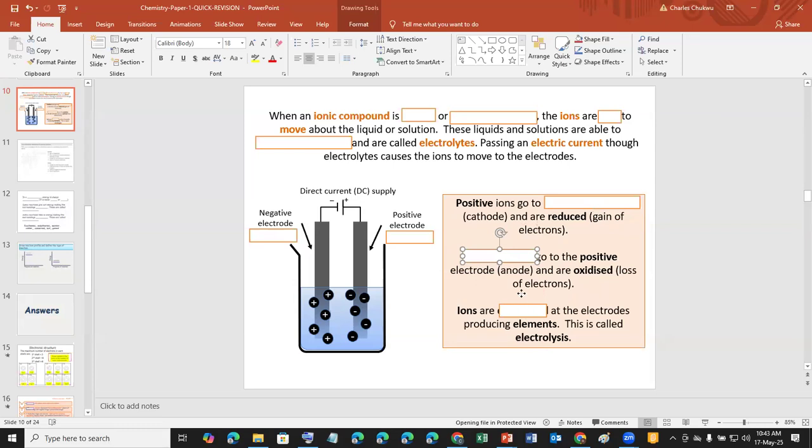Ions are discharged at the electrodes, producing elements, and this is called electrolysis.